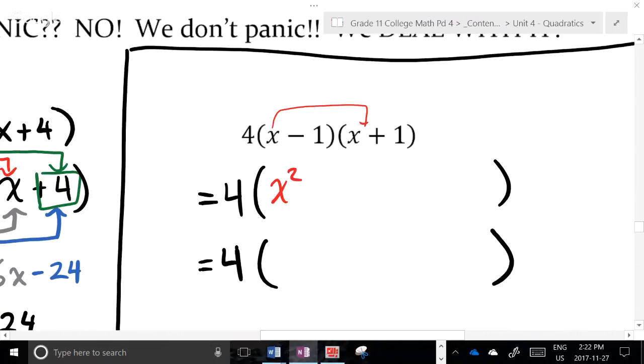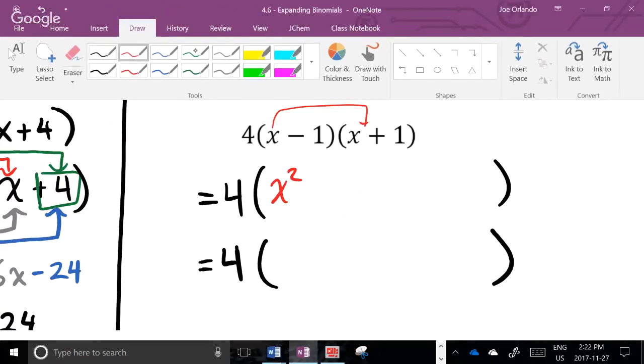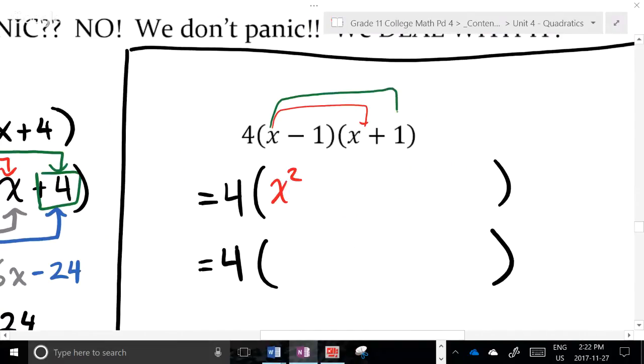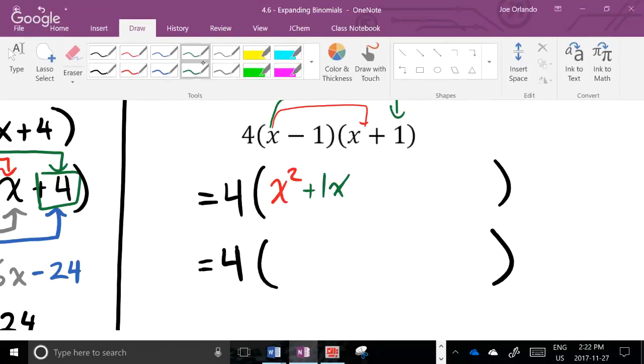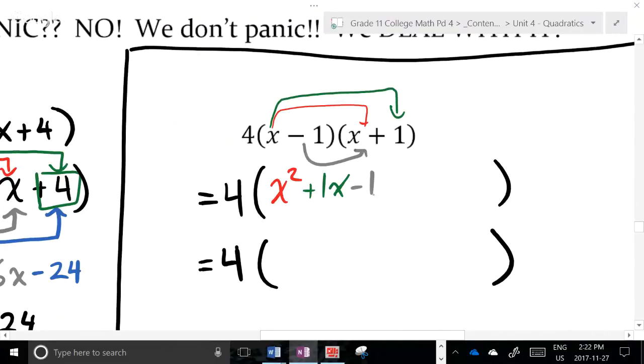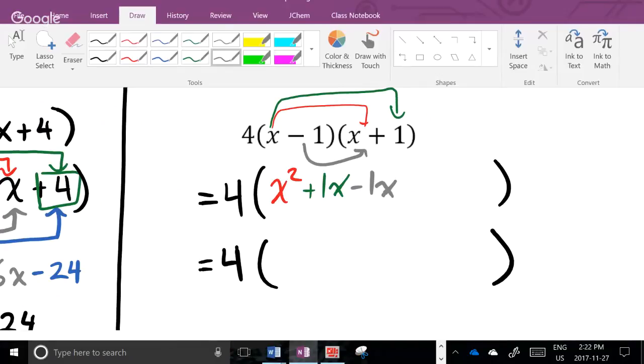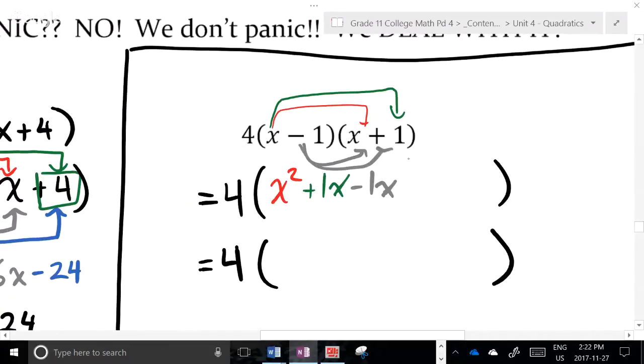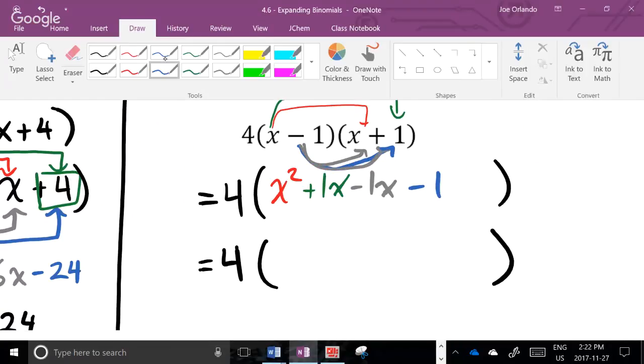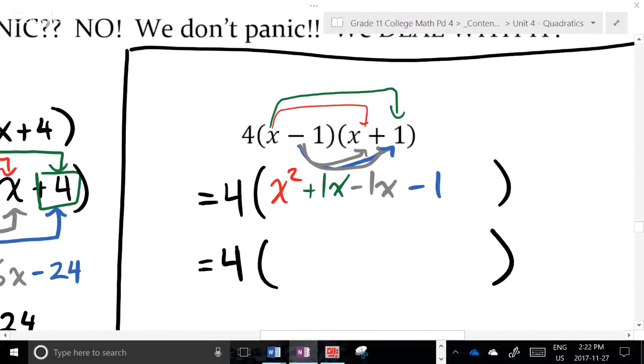Okay, so x squared. Very good. Whoa, that wasn't the color I wanted. Now, when we collect like terms, what do we get here?